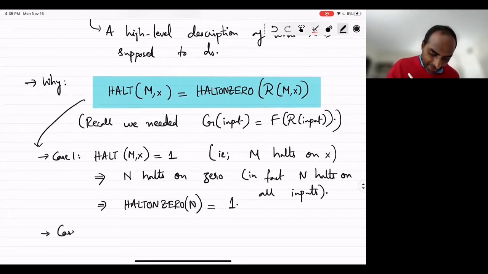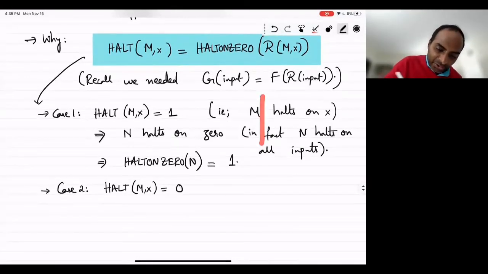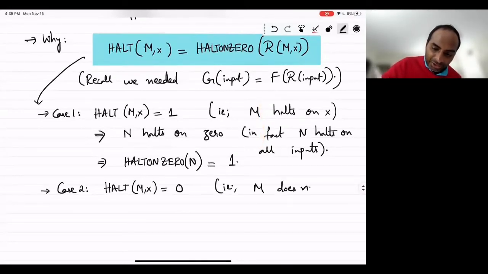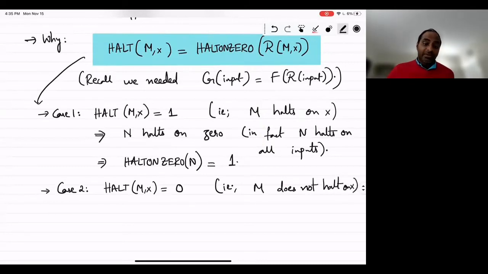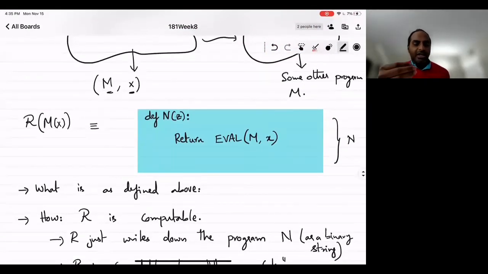Okay. So the other thing is, let's do case 2. We showed what happens when the function evaluates to 1, but to show equality, we have to consider both cases. What happens if halt of M comma X is 0? That is, M does not halt on X. Well, what happens here if you go back to this program? The program N would not halt on any inputs, right?